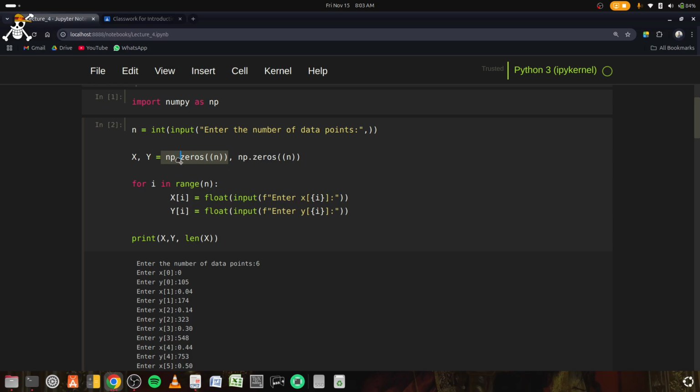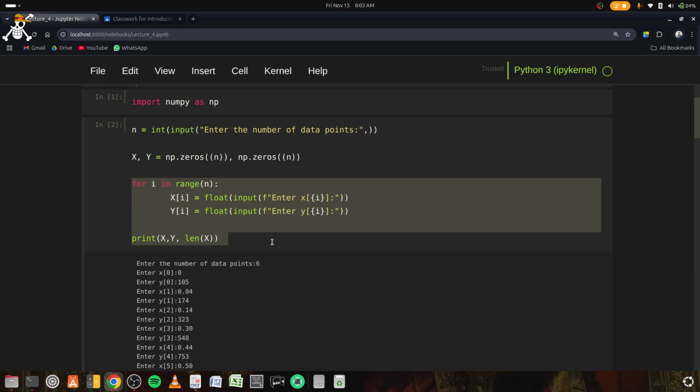This x is an empty array containing n number of data points, and this y is also an empty array, not exactly empty. The points are filled with zeros. So np.zeros means it is an array with all the elements having the value 0. So we are sort of creating empty arrays with the values 0. Then in this step we are going to enter the data points.